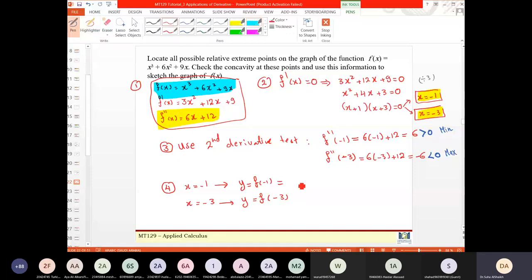Be careful where you are substituting. So I'm substituting in f itself. So this will be minus 1 power 3 plus 6 times minus 1 squared plus 9 times minus 1. And this will be minus 3 power 3 plus 6 times minus 3 squared plus 9 times minus 3.